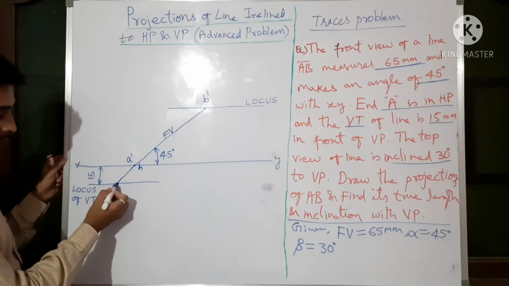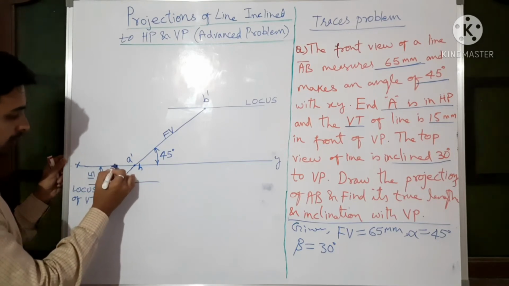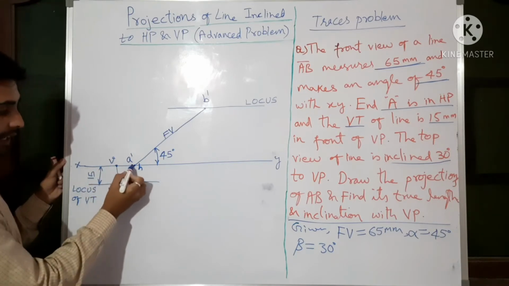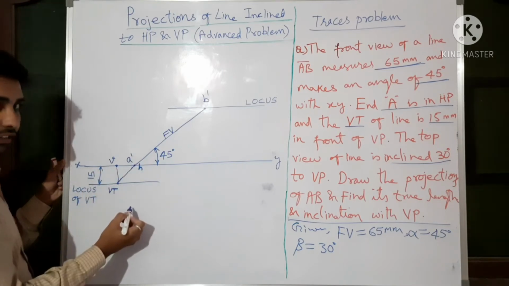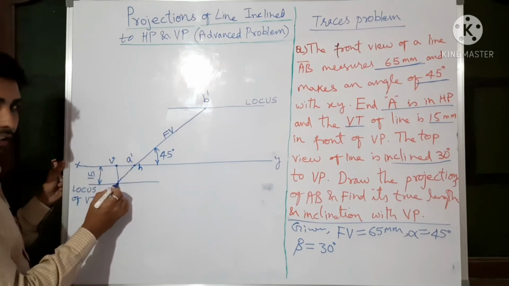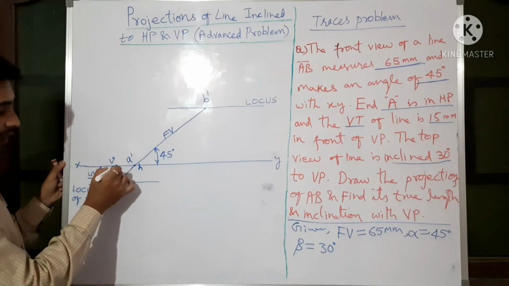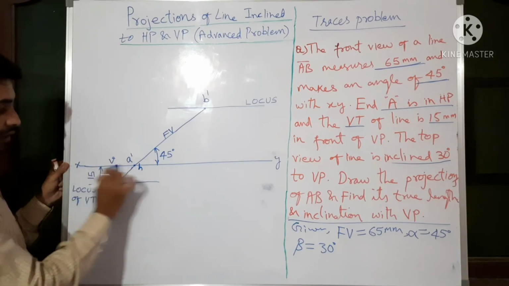Now if you project it vertically upward, you will get small v, because from h either up or down HT will come, and from v up or down VT will come. Here we already have VT. H and v will always lie on the xy line.